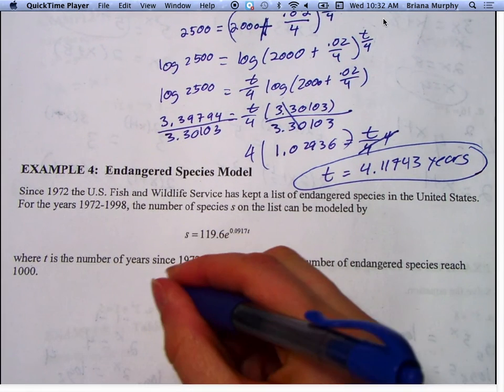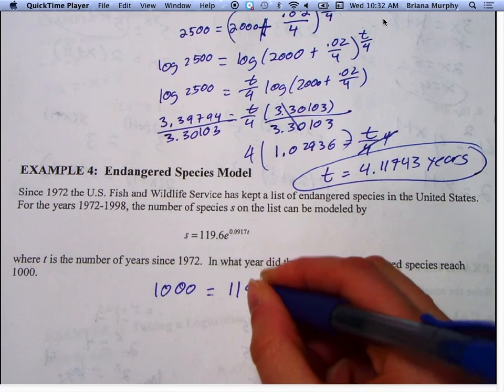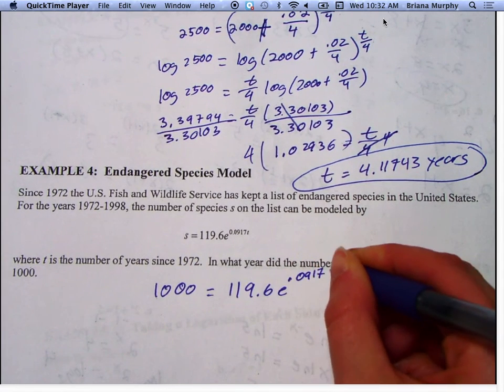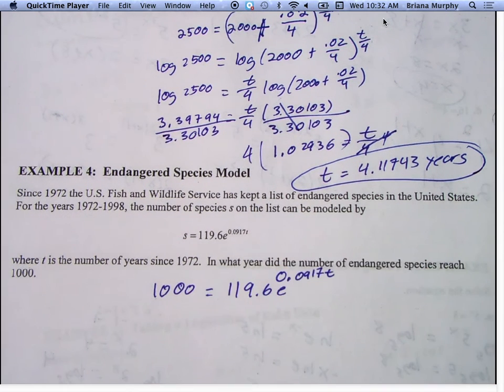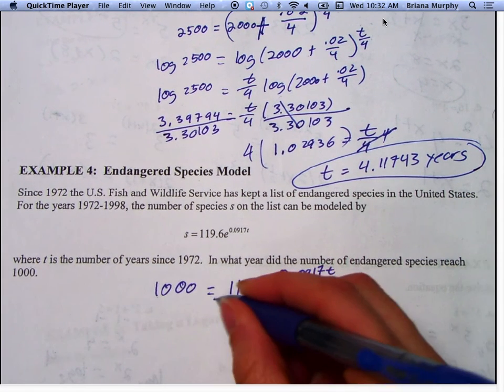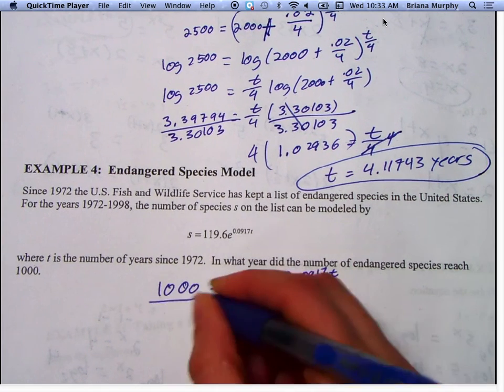So we plug in 1,000 for S equals 119.6 e to the 0.0917 t. Now, what am I going to do first to solve this problem, to get t by itself? Divide. Get rid of this stuff in front of the e.